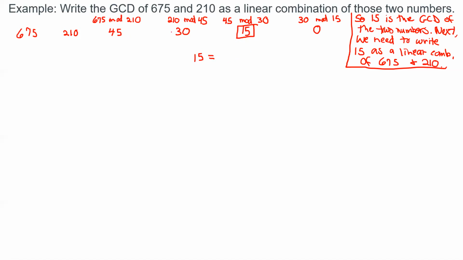We're going to look at the previous two, and it's going to be 45 minus 45 div 30 times 30, right? That was that pattern. So the 45 twice here, the 30 twice here, but we have the 45 div 30 in parentheses. So does everybody remember how we would have gotten that?